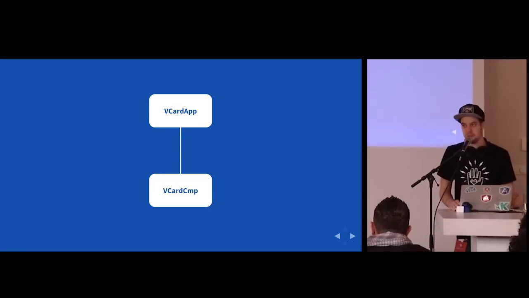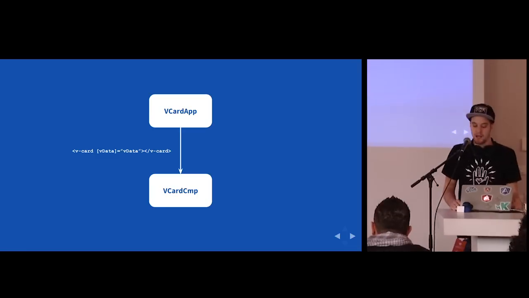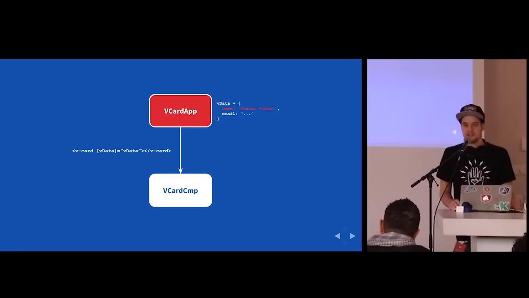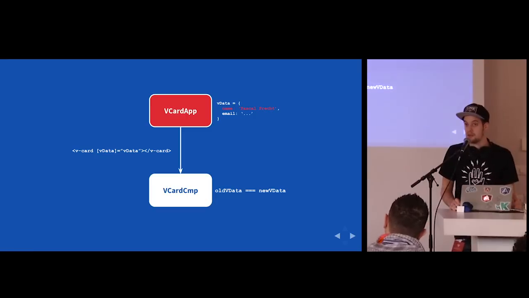Here's what that looks like when we visualize it a little bit. We have this vcard app. It uses a vcard component. And we know that vdata flows into the vcard component. Vdata is this object right here. It has a name and an email. When an event is fired, we change that name property. Change detection kicks in. The name property changed to a different value. Then the vcard component checks if the vdata that it gets is the same one as the original one.